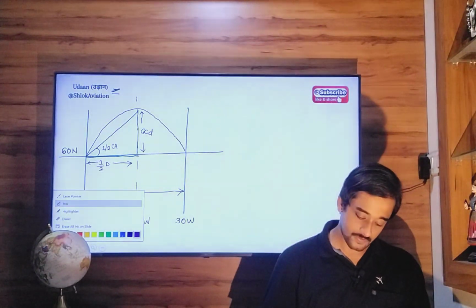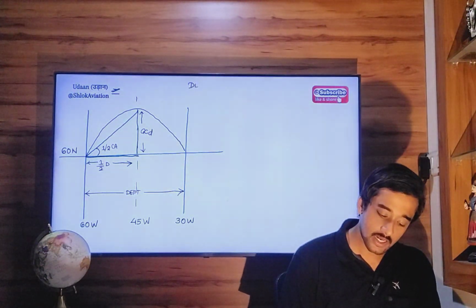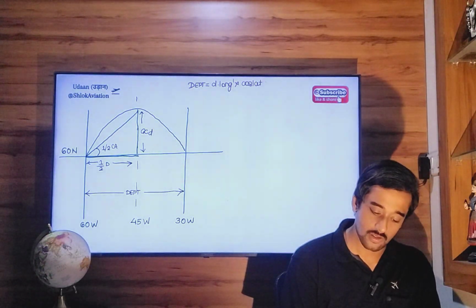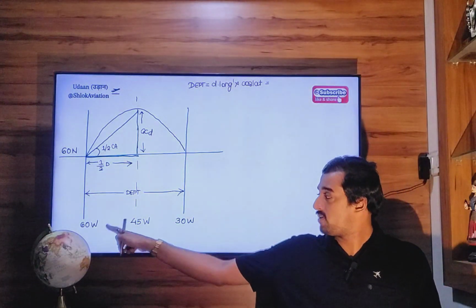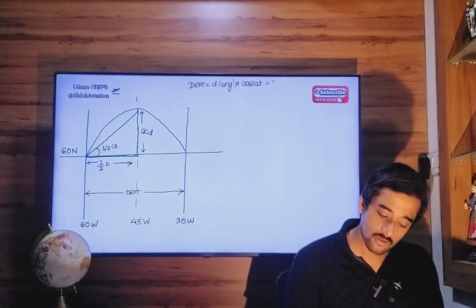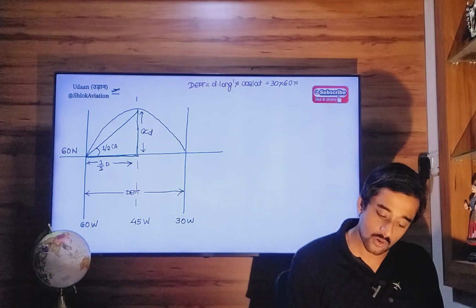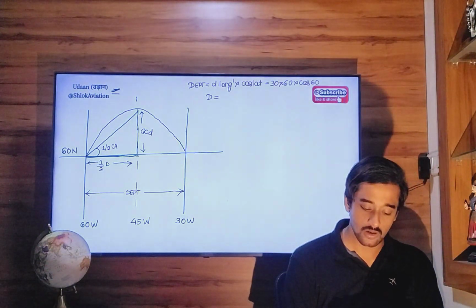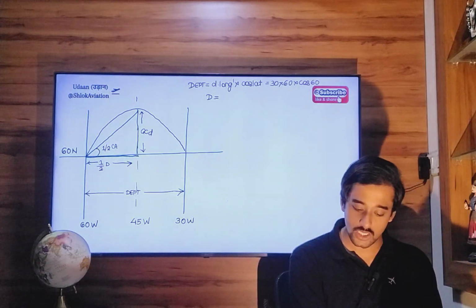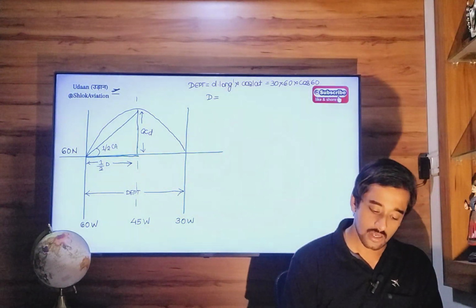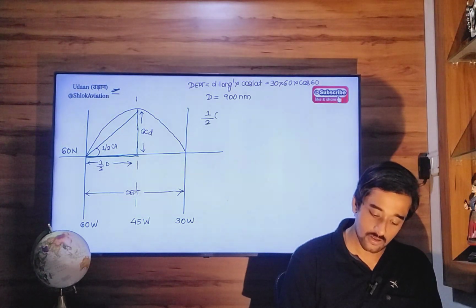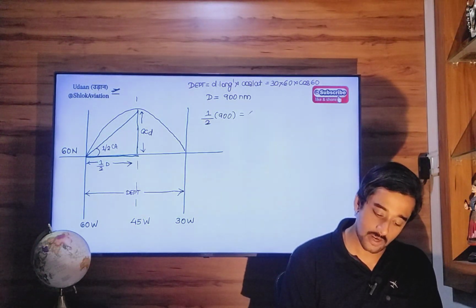Step 1, find the departure: d long in minutes into cos of lat. So 60 west, 30 west, 30 degree into 60 minutes into cos of 60. So departure equals 30 into 60 into cos 60, 900 nautical miles. Half of 900 is 450 nautical miles.